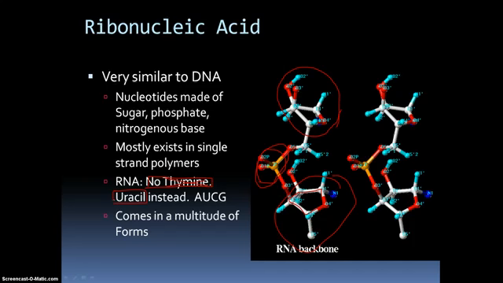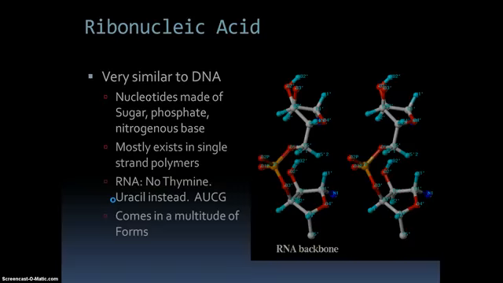So you really need to get this in your head. Is it RNA? If it is RNA, there is no T. Is it DNA? If it is DNA, there is no U. RNA, no thymine. RNA, uracil.